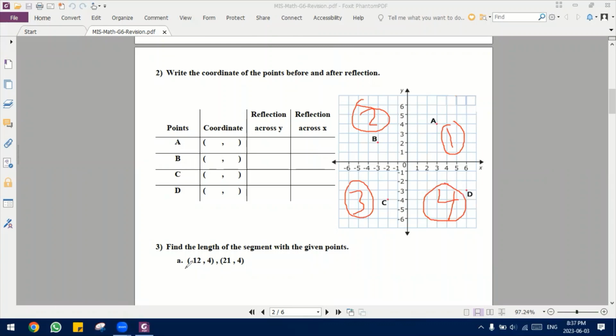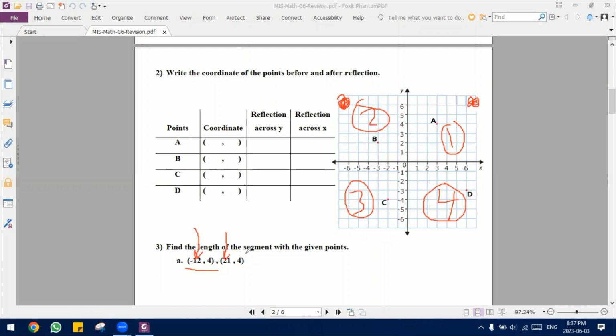Now, when I'm saying minus 12, 4, x is negative, y is positive. So let's say the point is somewhere here in the second quadrant. Then the next point, 21, 4, will be somewhere here in the first quadrant. So only from checking the sign, this is negative, this is positive, I can know that they are on different quadrants.